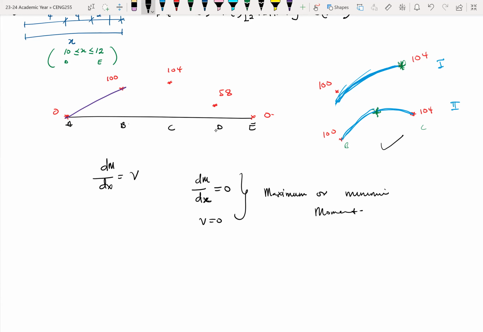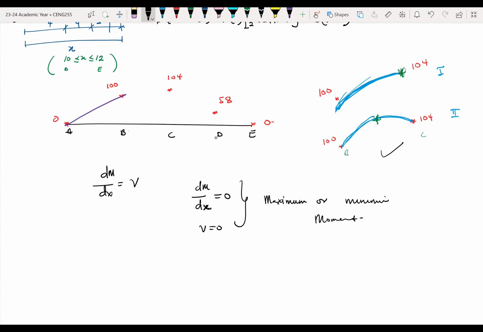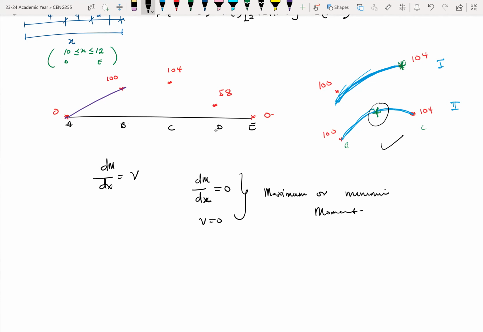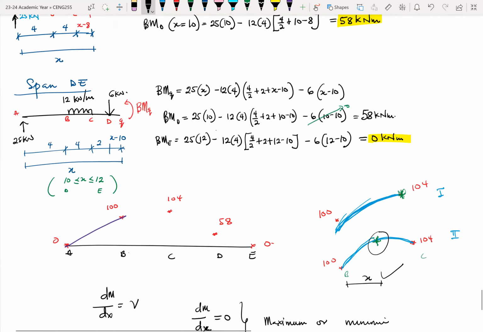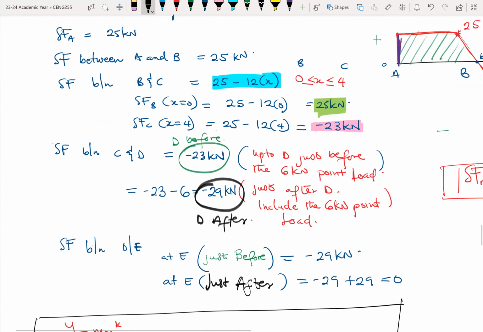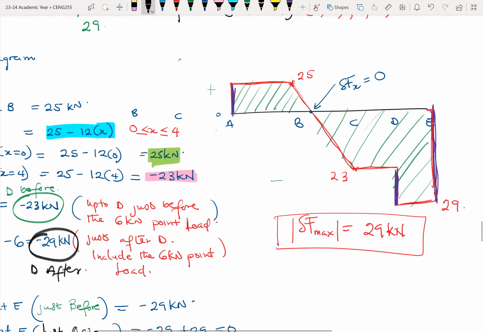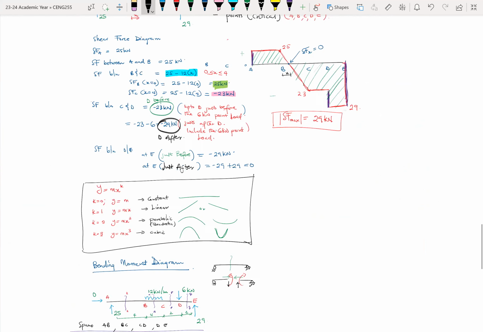Okay. As to what your maximum value would be, you need to find the distance x, the distance between B and where the shear force is 0. And once you find that distance, you can easily determine the moment.